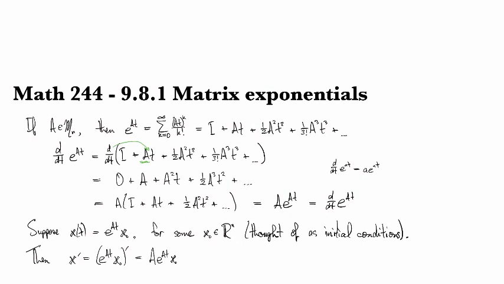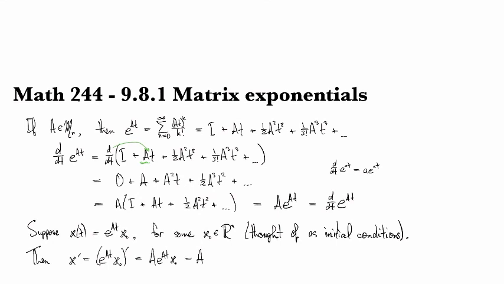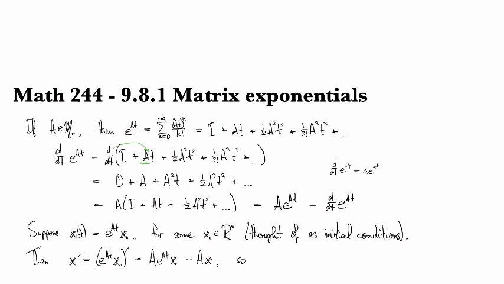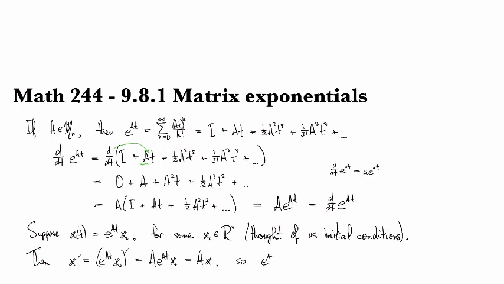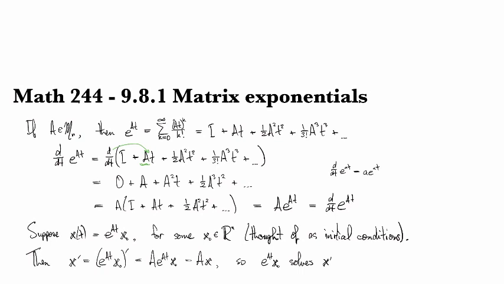And so what does that tell you? Well, look what we just got. The moral of the story is that e to the At x naught solves x prime equals Ax.